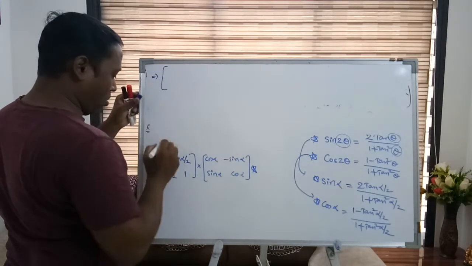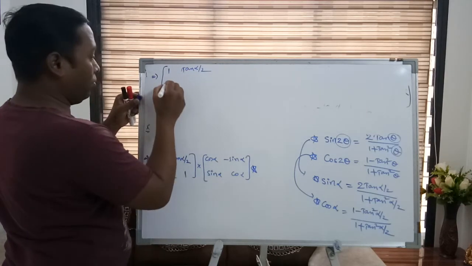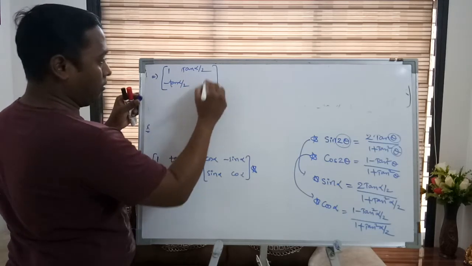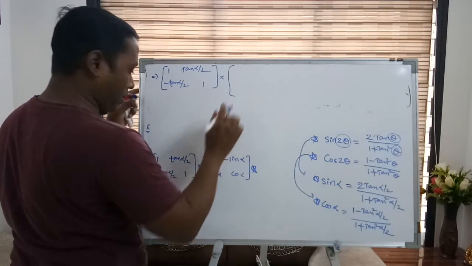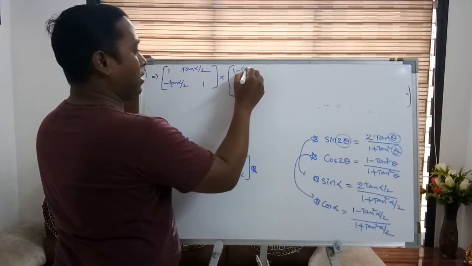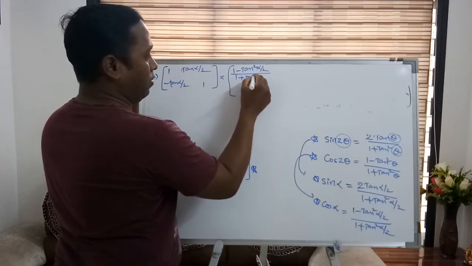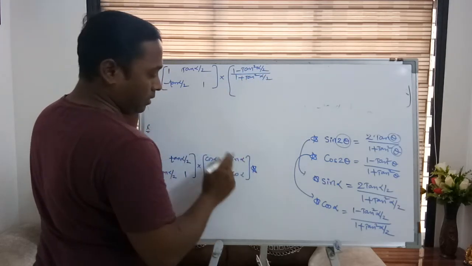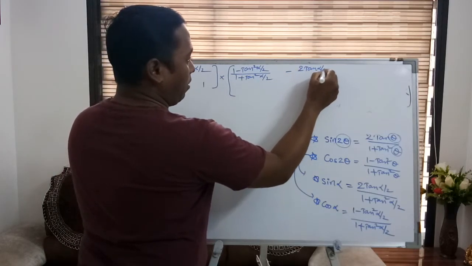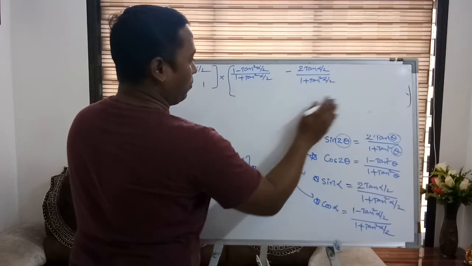I'm writing from the corner 1, tan alpha by 2, minus tan alpha by 2, 1, multiplied by the matrix where I am converting cos alpha. So cos alpha can be written as 1 minus tan square alpha by 2 by 1 plus tan square alpha by 2, sin alpha but it is minus 2 tan alpha by 2 by 1 plus tan square alpha by 2.